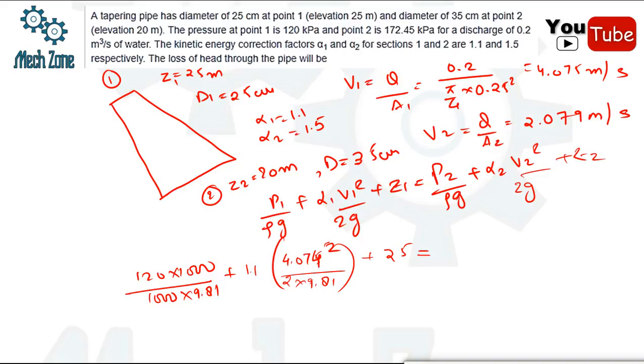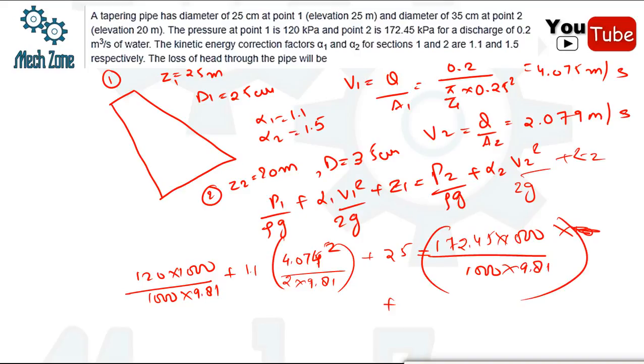This would be equal to P2, P2 is 172.45 × 1000 / (1000 × 9.81) + α2 has been given as 1.5 into V2, which we have already calculated as 2.079, V2² upon 2 × 9.81 + Z2. प्लस यहाँ पर H1 और आ जाएगा जो हमें फाइंड करना है, + H1.